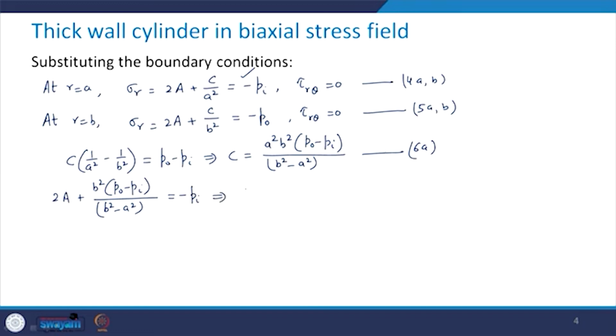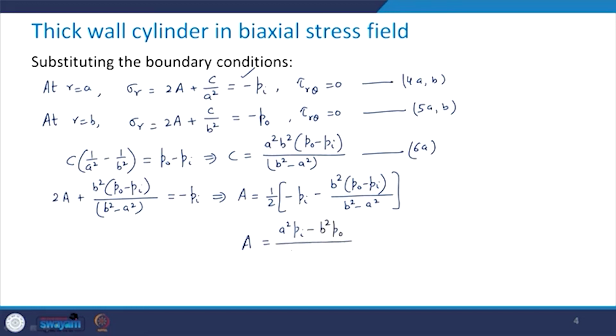If we solve this, this is what we are going to get: 2a equals minus pi minus b square p naught minus pi divided by b square minus a square. Or if you further simplify this, you will get a is equal to a square pi minus b square p naught divided by 2 times b square minus a square. Make it 6b.